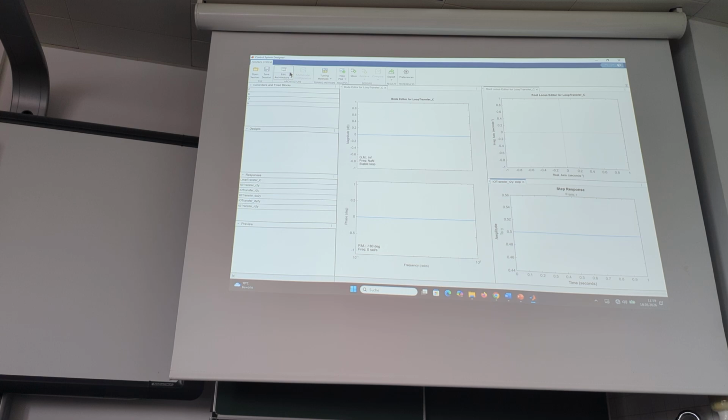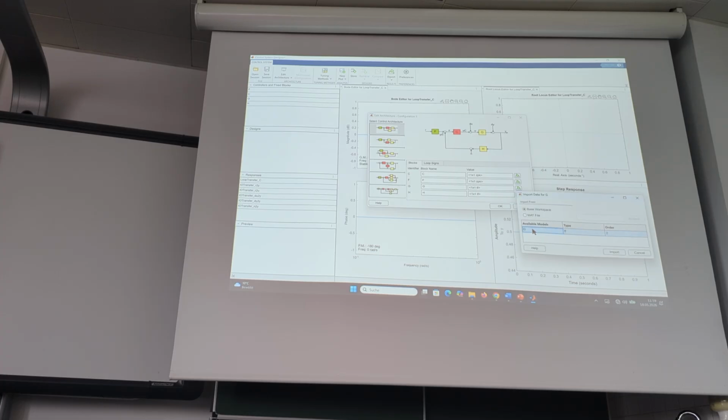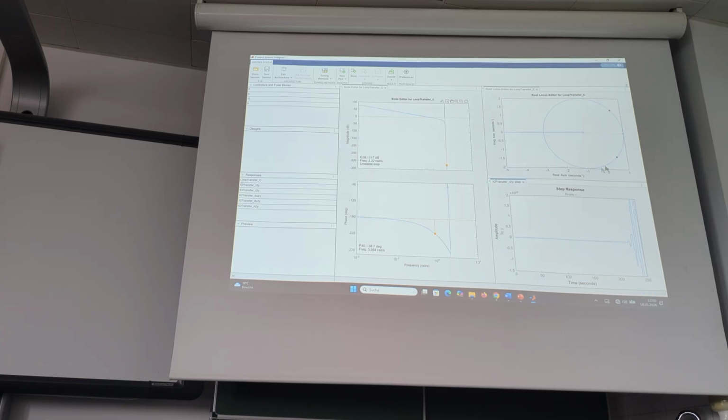And then we go to edit architecture. And here for our G, we choose G from the workspace, click import, OK. And then we have the root locus curve, similar to the one that we've drawn manually.